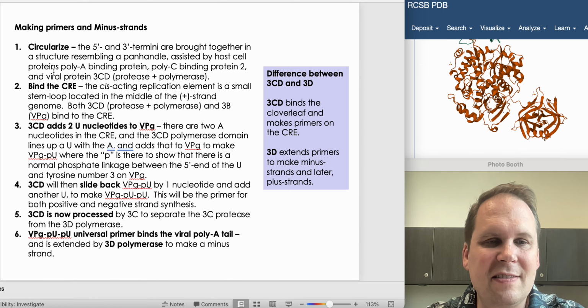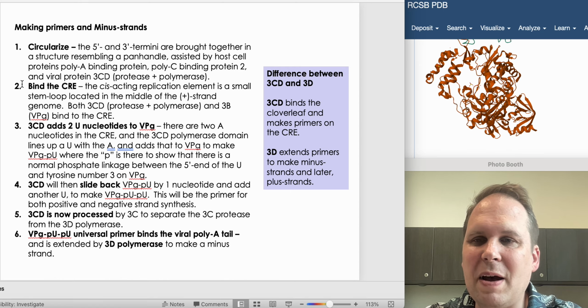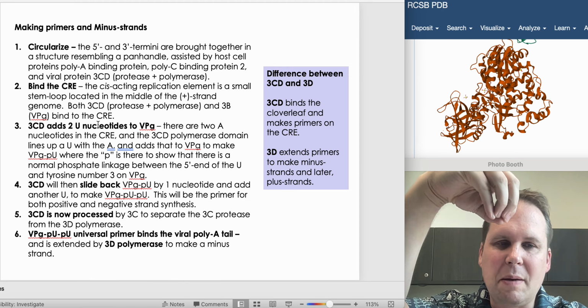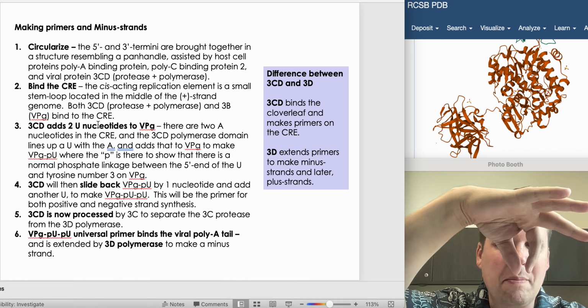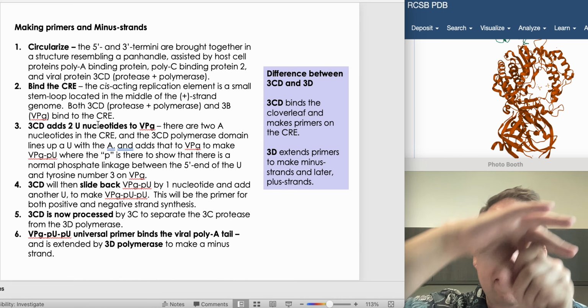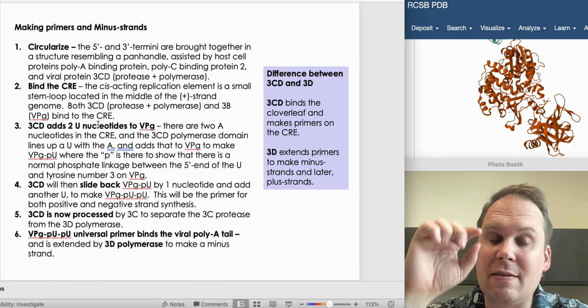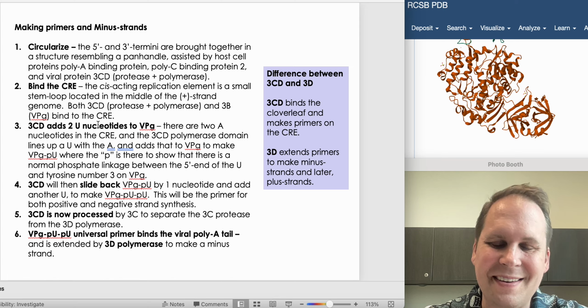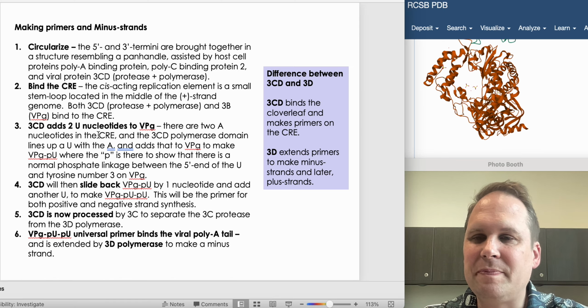All right, second, 3CD is going to bind to the cis-acting replication element, and it's going to pull it up into that little bunch, that little hairpin, just like that. And it'll grab onto it so that hairpin stays there, so that the two A nucleotides are in the right position for adding to the primer.